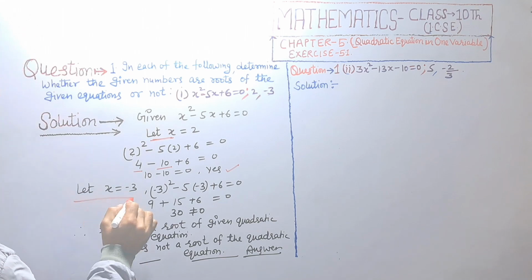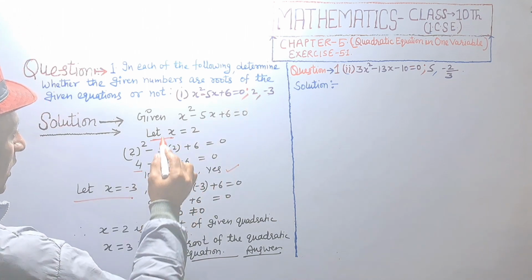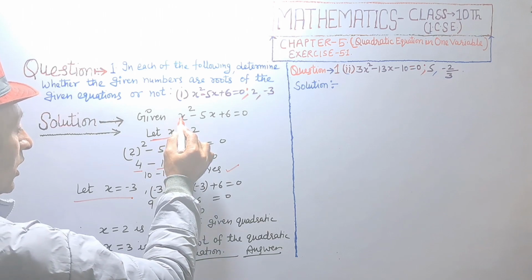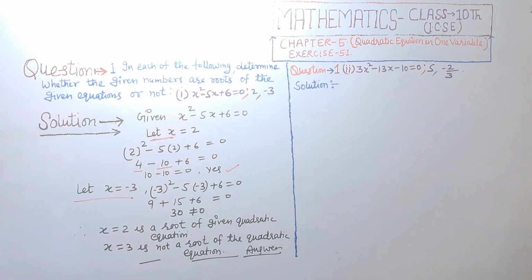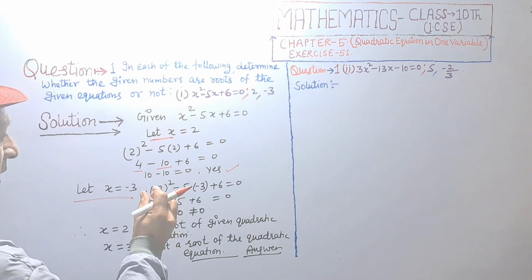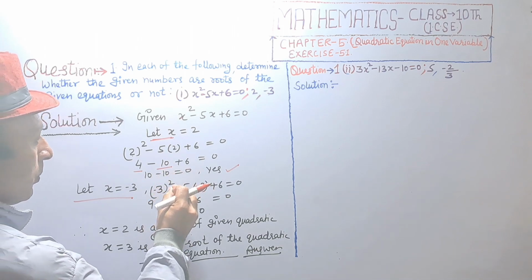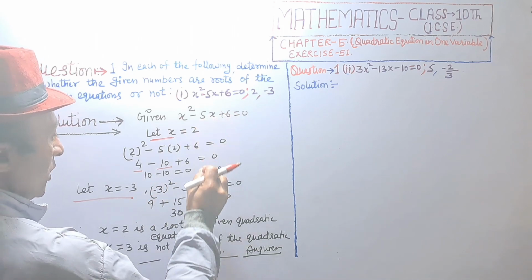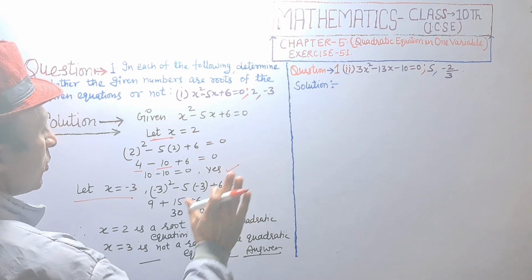And let x equal to minus 3, we are putting minus 3 in the given quadratic equation, that is x square minus 5x plus 6: minus 3 raised to power 2 minus 5 into minus 3 plus 6 equal to 0.